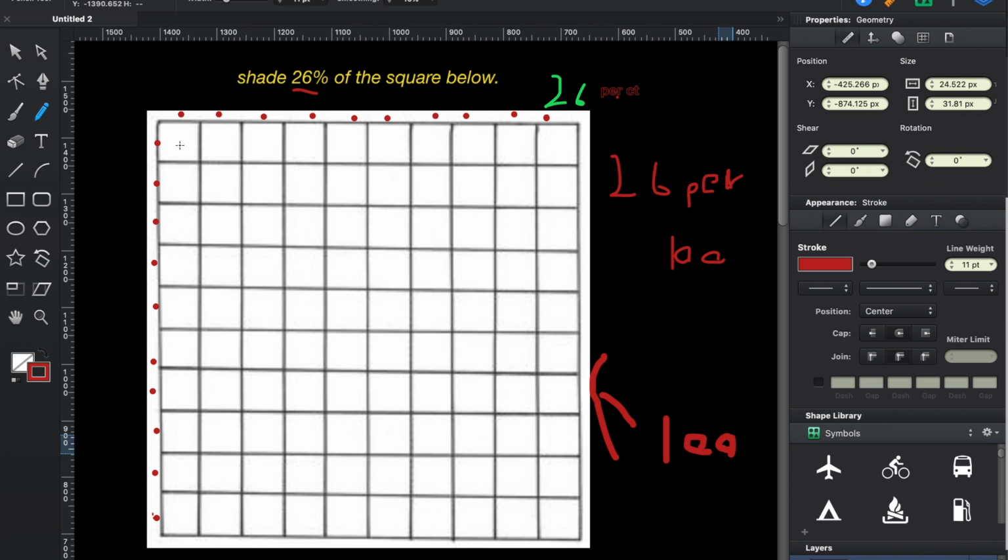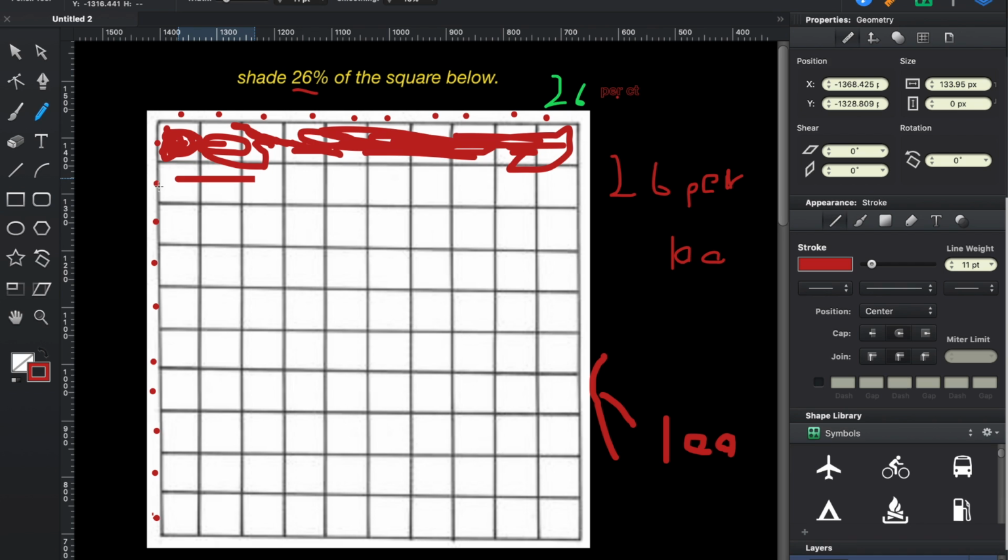So that literally means shade 26 squares. Let me shade one square. Remember, this is like 1% because it's 1 out of 100. Then 2 squares, 3, 4, 5, 6, 7, 8, 9, 10. Now this is the 20 mark.